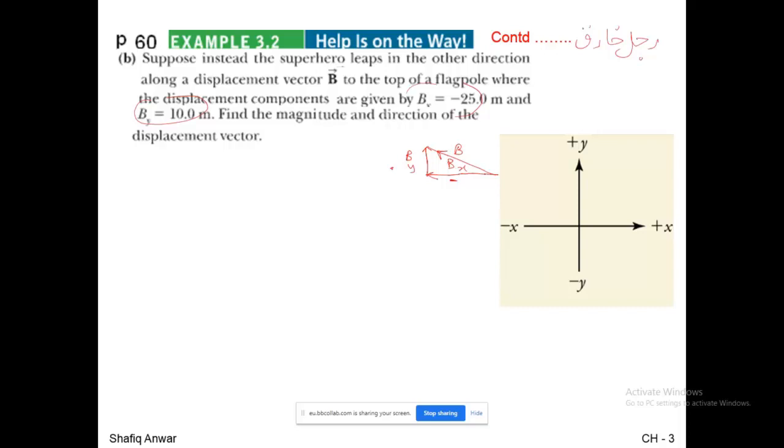Find the magnitude and direction of the displacement vector. Now the displacement vector is B. You have to find out magnitude and direction both. So magnitude by Pythagoras theorem and direction by tangent theta. Right? Let's do it. First of all, let's do the magnitude.